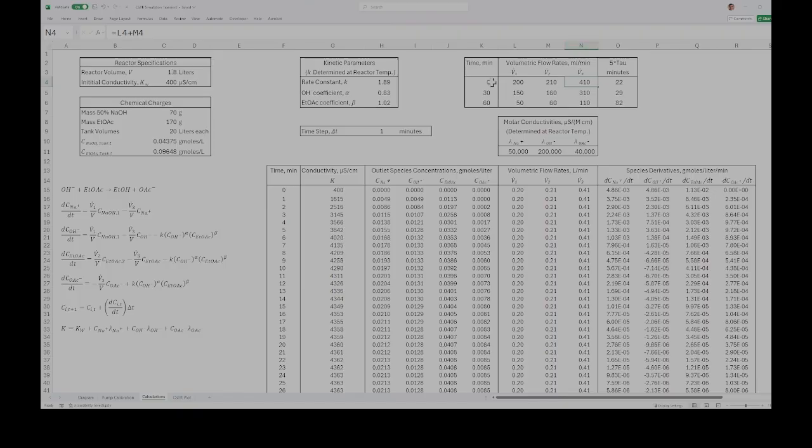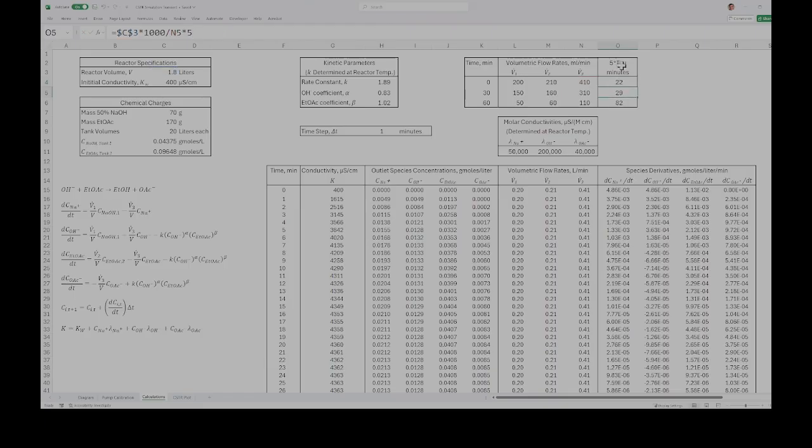And in the first initial part of the experiment, we have 410 milliliters per minute. So we would calculate what the residence time is by taking the volume of the reactor, multiplying it by 1,000 to get it into milliliters, and then dividing it by the total flow going through the reactor. And we're going to multiply it by a value of 5.